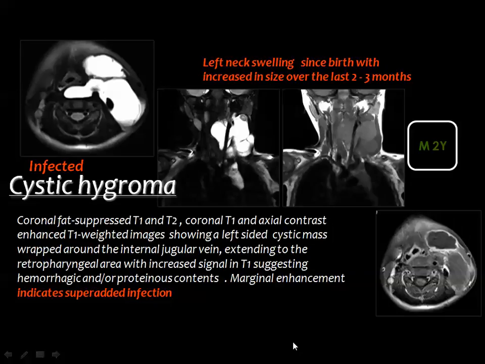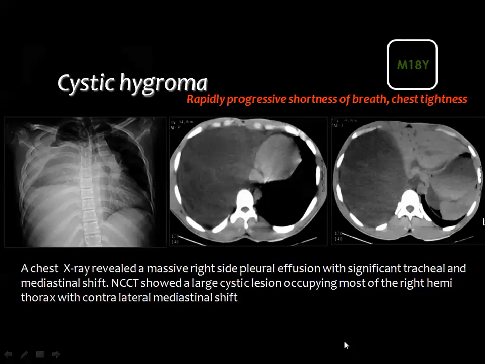That's to say, some of the cystic hygromas in the neck may extend into the mediastinum. However, in the mediastinum, you can see a cystic hygroma which does not have a component in the neck.